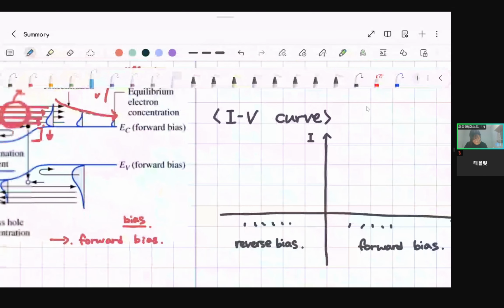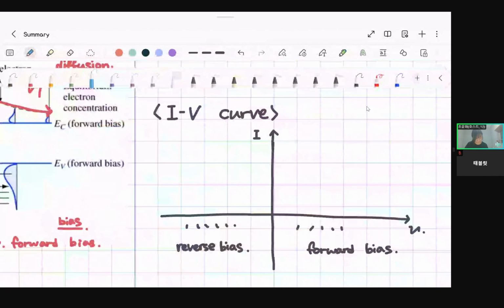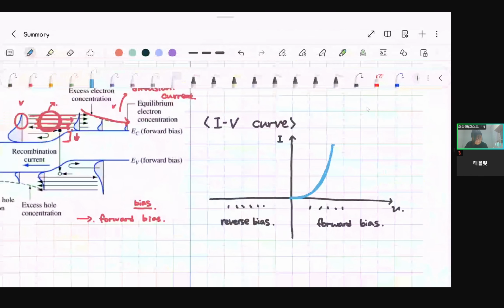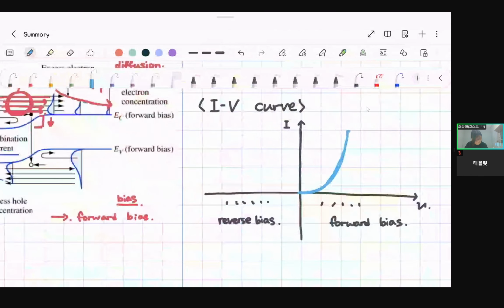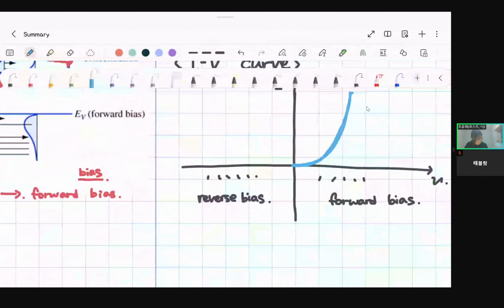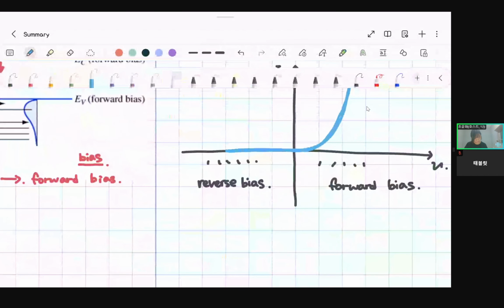As I explained, in the forward bias state, the more bias we apply, the current flows exponentially. But in the reverse bias state, it doesn't have any current flow, but if the reverse bias goes larger and larger, suddenly the current flows like this.